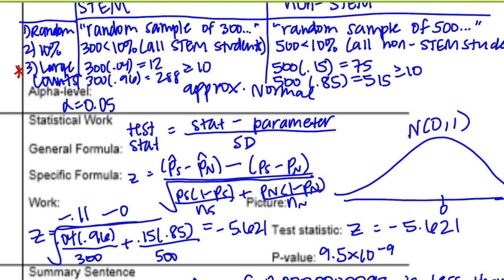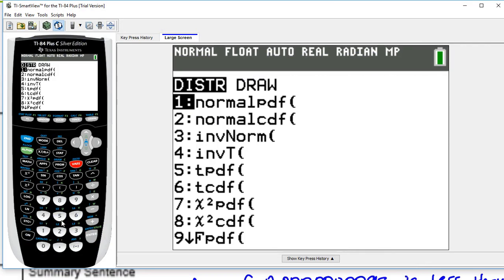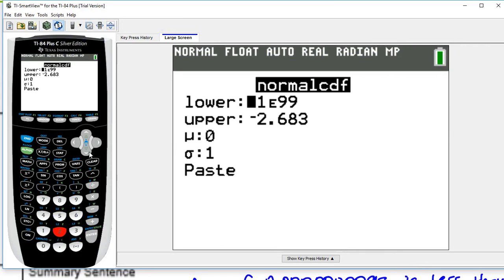Here's our stuff. This is what you should have gotten. I do want to remind you of this Z-score. I got negative 5.621. That's second var's 2, and then I put negative. Since it's negative, I leave that negative 5.621, and then paste.